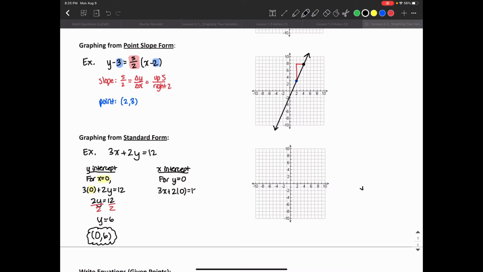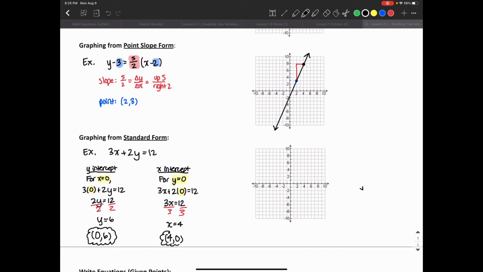All I did was I took 0 and I plugged it in for y. I'll end up with 3x = 12. I'm going to divide both sides by 3, and I'm going to get that x is equal to 4. So for when y is 0, x is 4, I have the point (4, 0).